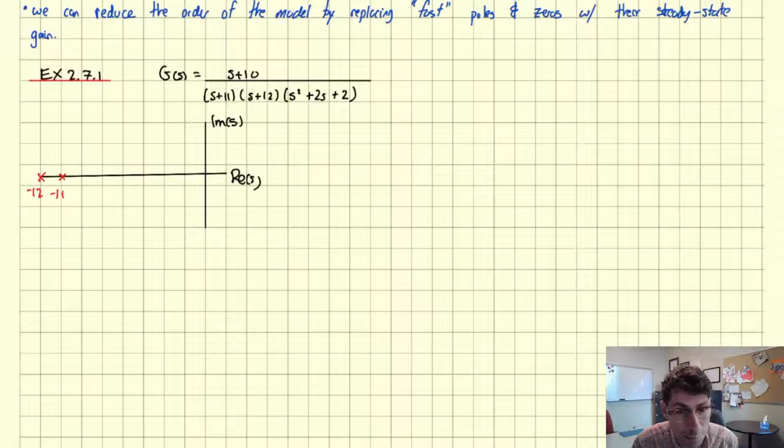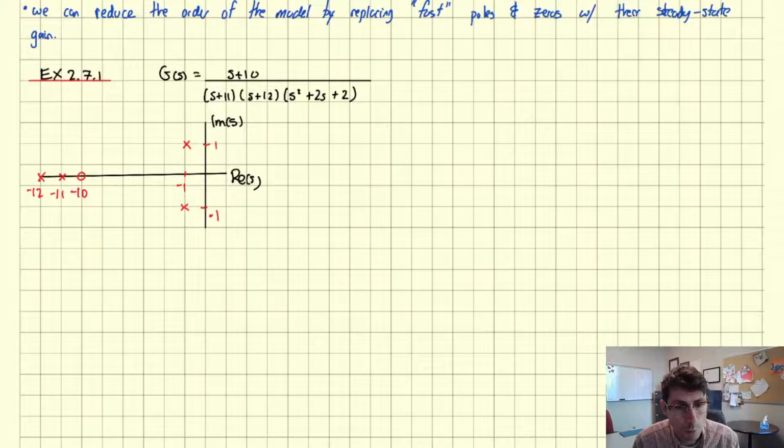This is not to scale, okay? A zero at -10. And then we have the roots of that second order polynomial, which are going to be complex conjugates. And they are at -1 plus or minus j.